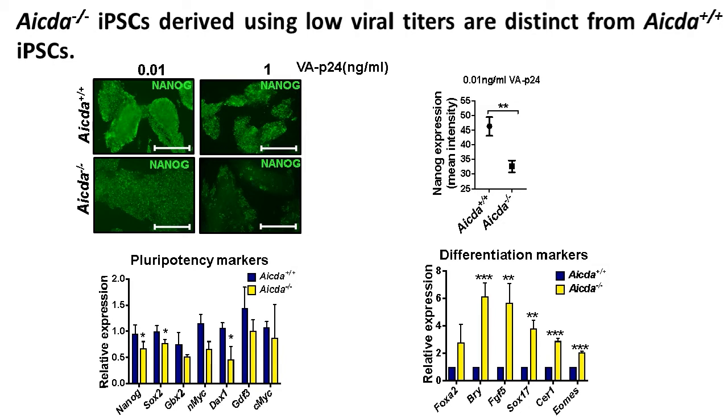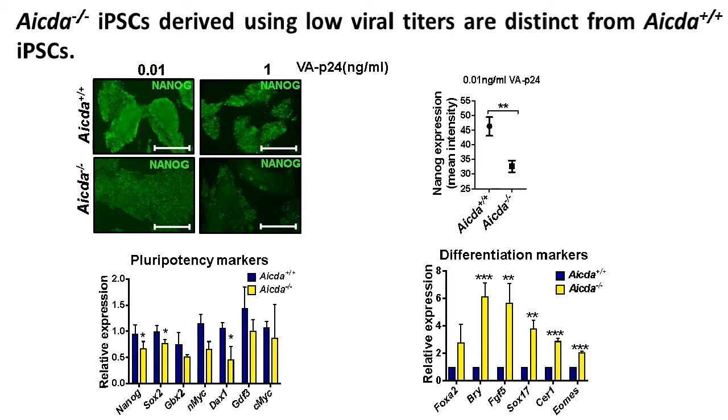However, the expression is lower than in the wild type cells, which is quantified on the upper right panel. And when we looked at various other pluripotency genes, we saw a similar pattern: AID knockout cells have lower expression of pluripotency genes as compared to the wild type cells.